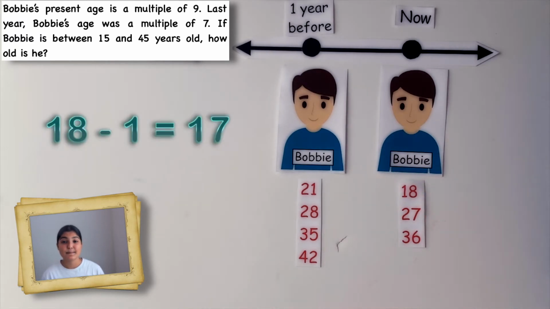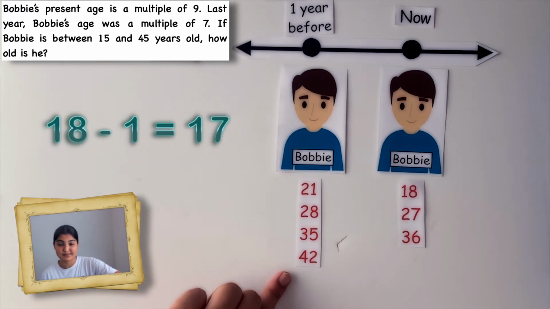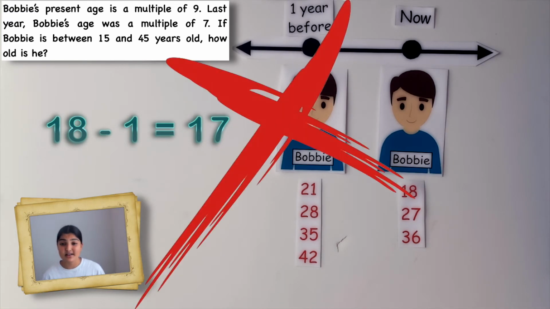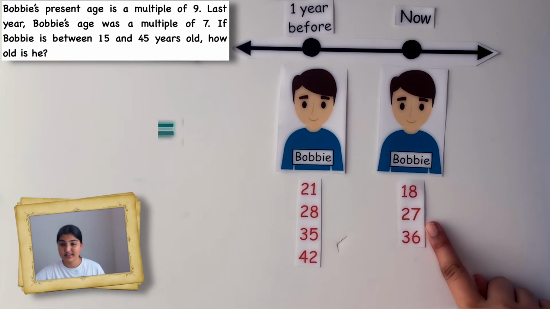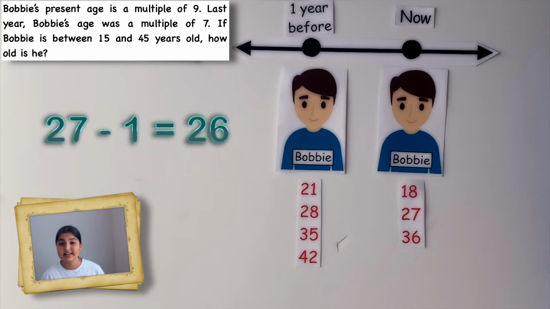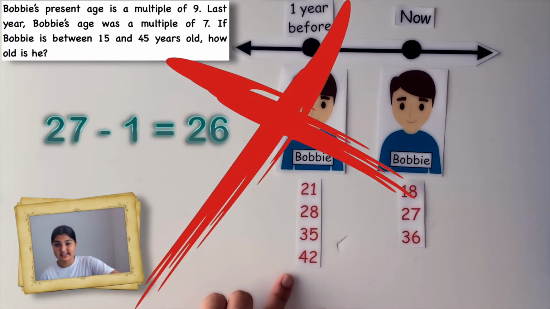18 minus 1 is 17, which is not on this list. So, Bobbie is not 18 years old now. Well, what if Bobbie is 27? 27 minus 1 is 26, which again is not on this list.